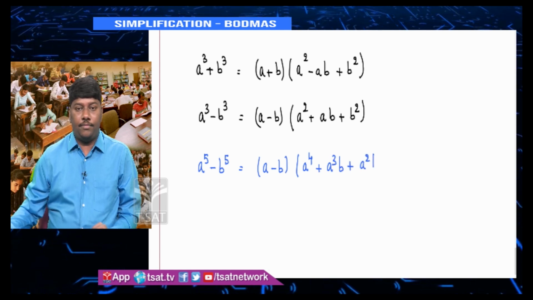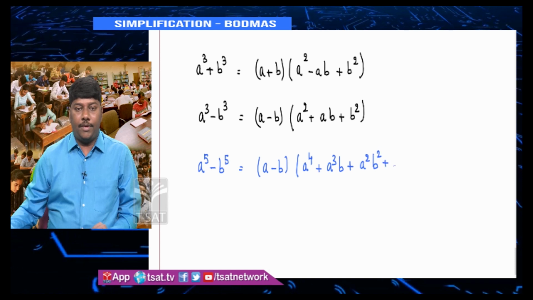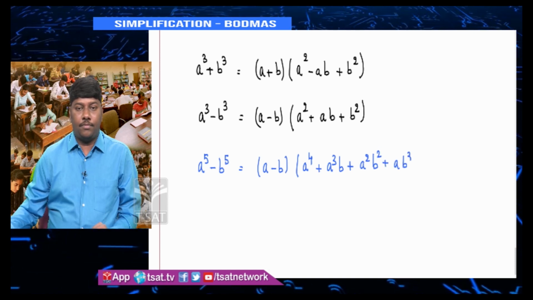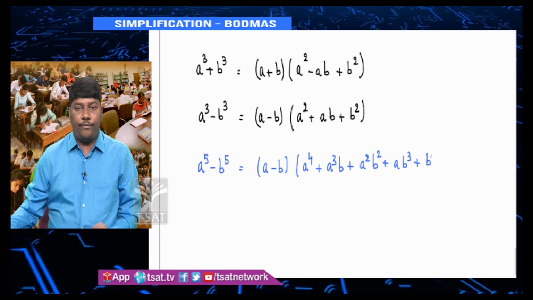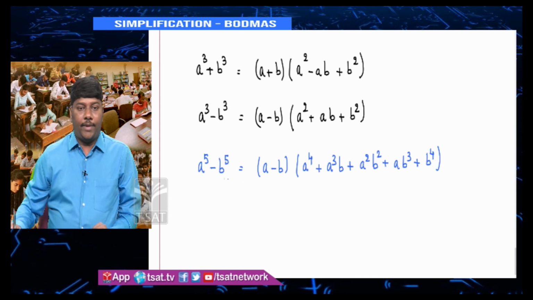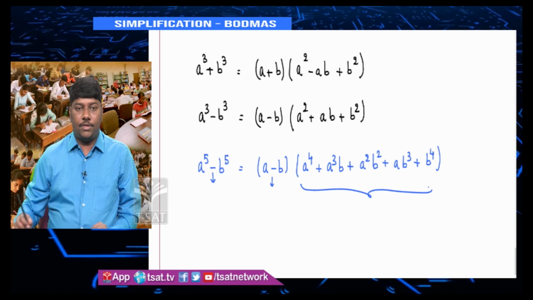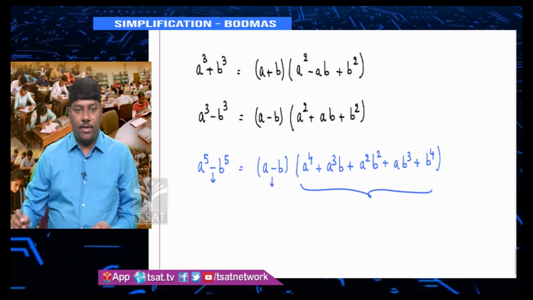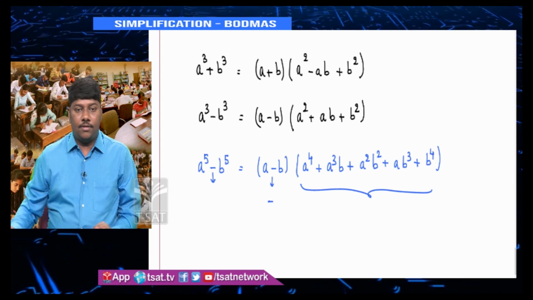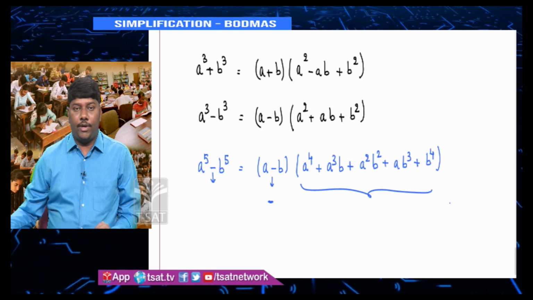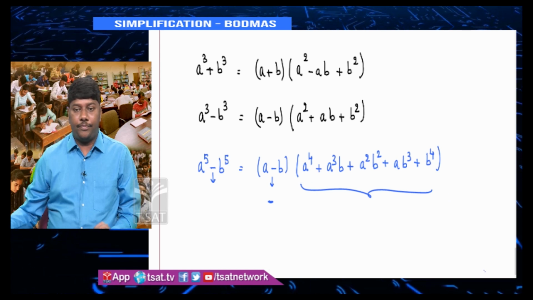So, a square b square plus ab cube plus b power 4. When you have minus in between, only minus comes here. All of them are plus terms. When plus comes here, then plus in the first one, then alternately you get negative terms.